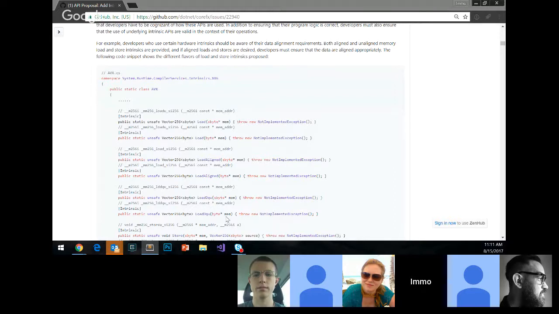Well, I guess you could pretend that it's the same pointer, but you could do it with unsafe and a ref. It's true, they're all structs, so it could be a ref in an array, for instance, of vector 256, and you're loading to a register.